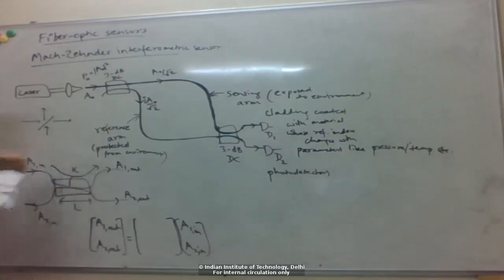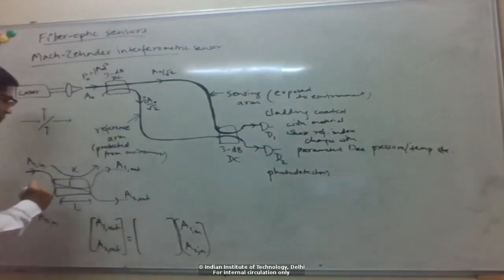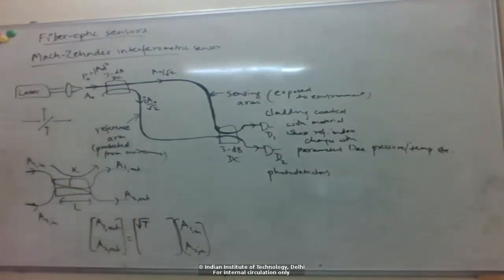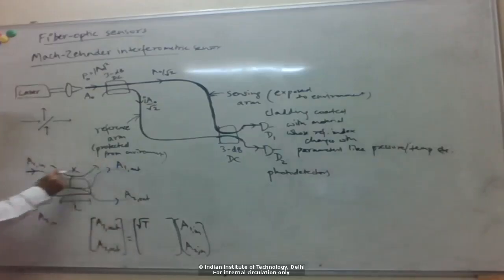So you have two input ports, two output ports, just like a beam splitter, right? So effectively, the fraction that goes straight through, right? We can write as some transmission coefficient. Okay. So if capital T is the power transmission coefficient, then here I can write this as some square root of capital T because these are amplitudes. So, for example, A1 out will be square root of T times A1 in. So this T will depend on kappa L, right?